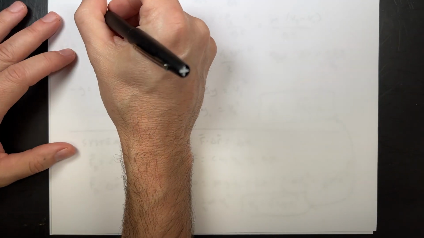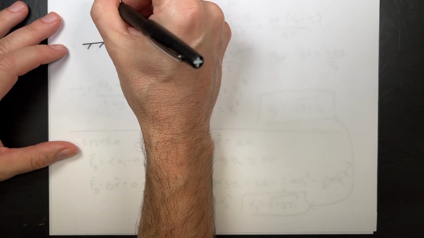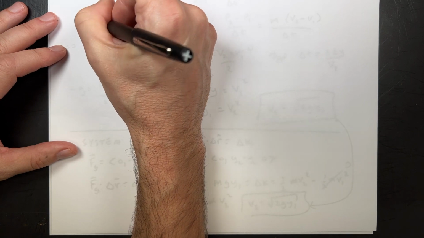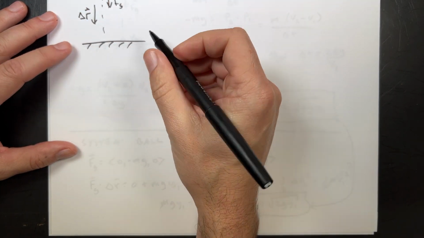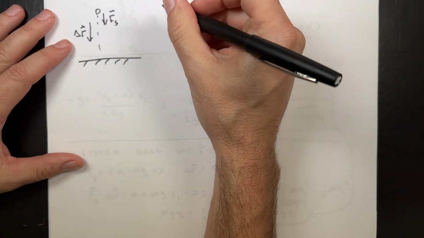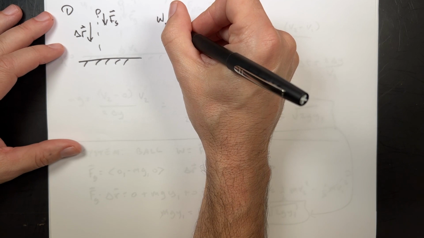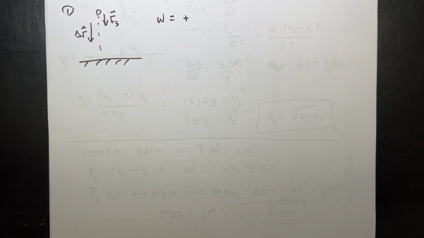Let's imagine I have some balls, and I'm just doing work done by gravity. So we already did this. If the ball is going down, delta R is that way, and the gravitational force is down. So in this case, case 1, work done by gravity equals a positive number. All right, we already did that.